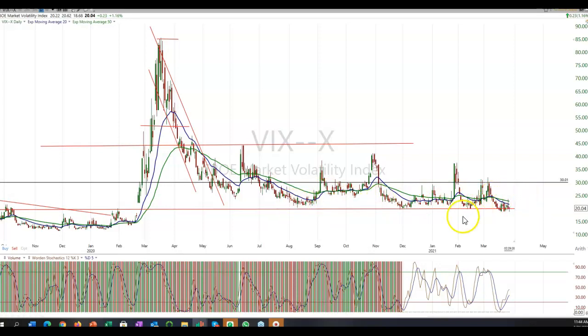And then we did get some spikes, of course, here just before the election. It got up to 40. That was oversold, and that corresponded with the McClellan oscillator getting down to negative 200. So that was your oversold situation. Those two corresponded. And then we saw that again here.